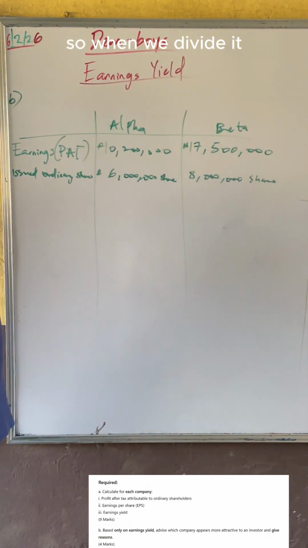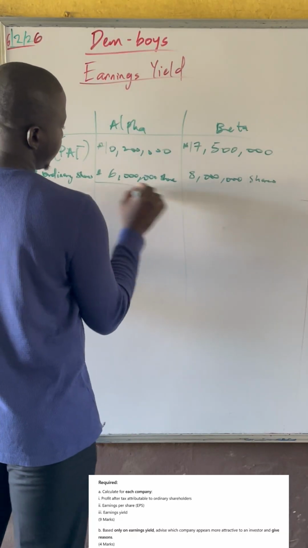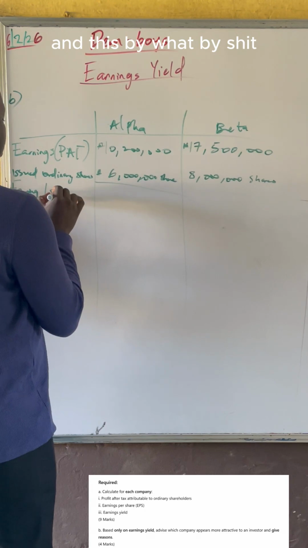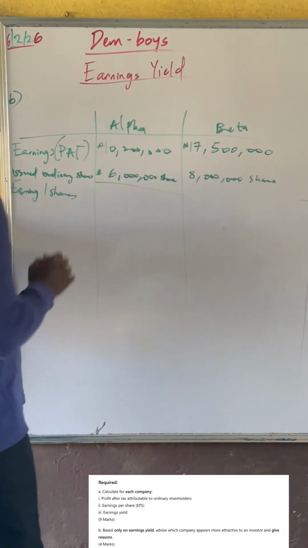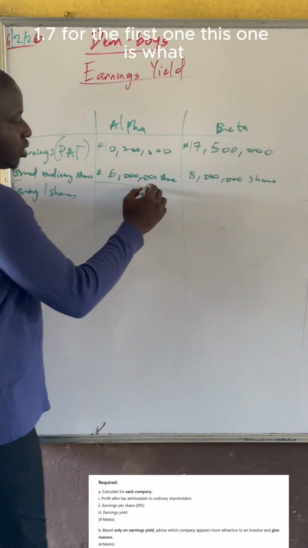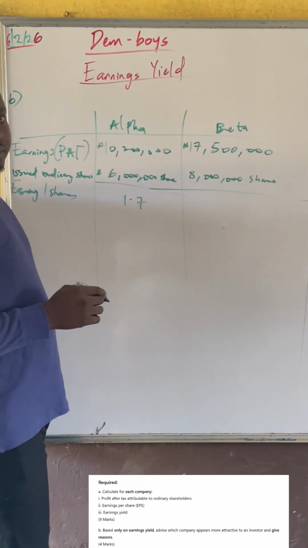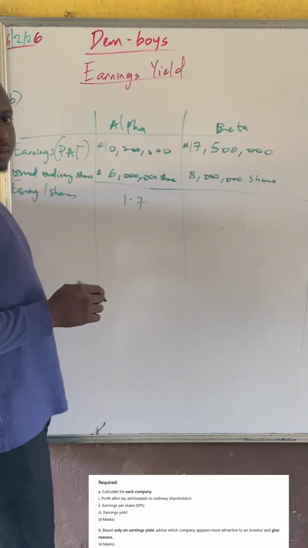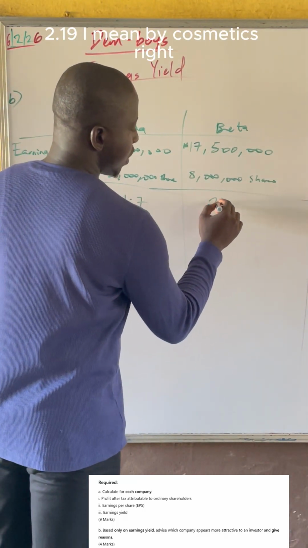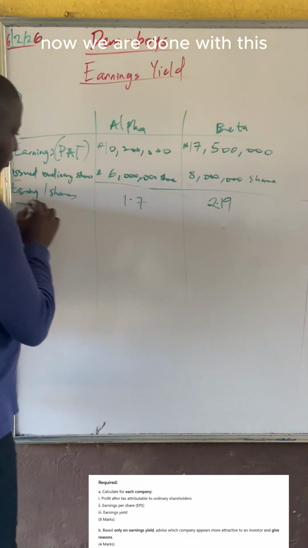So when we divide, what do we have for earnings per share? 1.7 for the first one. The second one is approximately 2.19. Okay, now we are done with this.